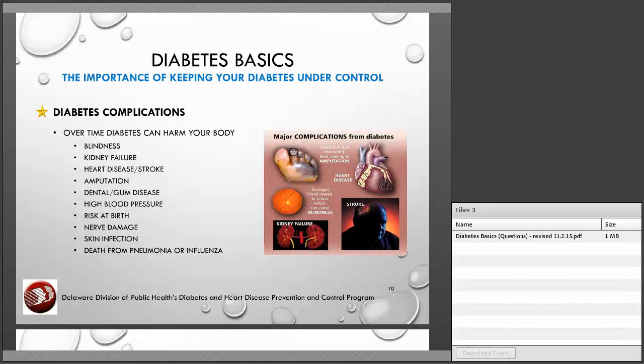There are complications that come from having diabetes, and having diabetes over time without keeping your blood sugar levels under control can cause some devastating complications, including blindness, kidney failure, heart disease or stroke, amputations, dental and gum disease, high blood pressure, risk at birth, nerve damage, skin infections, death from pneumonia or influenza.